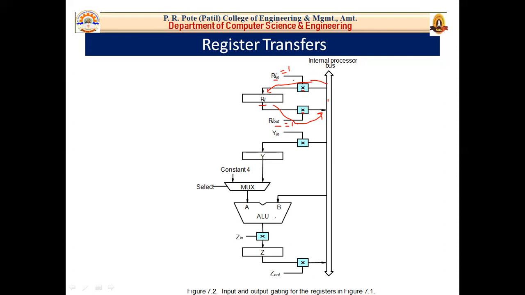For example, the output of the arithmetic and logic unit is placed on this internal processor bus. So we can load that output onto the processor register when it is set to 1. And when your register output control signal is set to 1, whatever the data held by this register, we can place that again onto the processor bus.